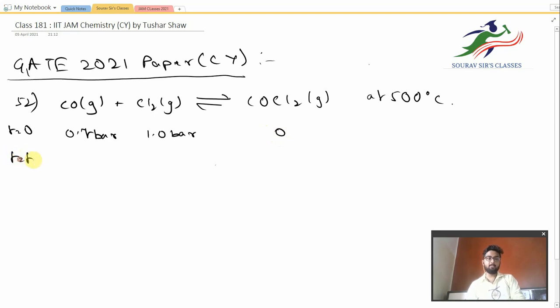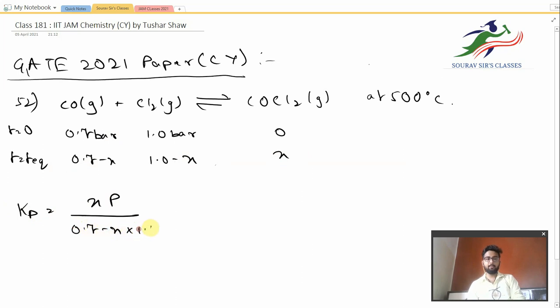At T equal to TEQ, we have 0.7 minus x bar and 1.0 minus x bar, and we'll be having x bar as the equilibrium partial pressure. So Kp here will be equal to x into P divided by 0.7 minus x into 1.0 minus x into P square, where P is the partial pressure.